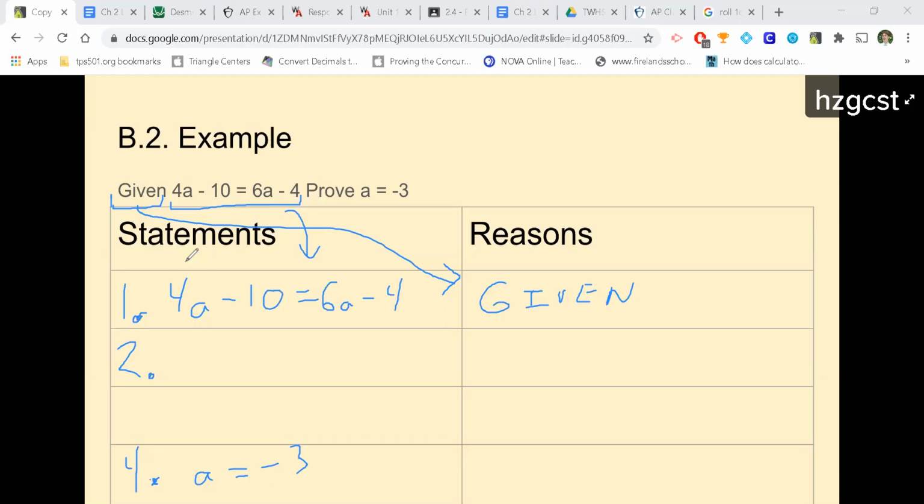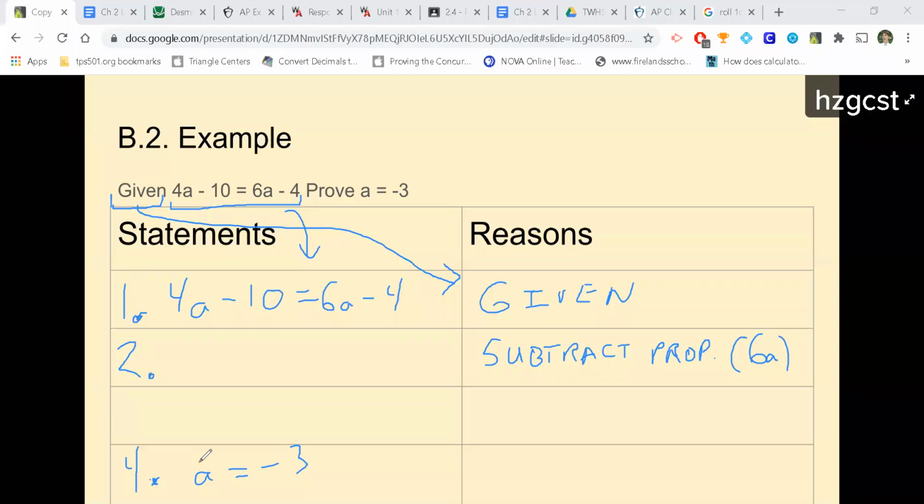And this is one where I am choosing to subtract the larger number. Why, you say? Because I want my a to be on the left. That's it. The a is supposed to end up on the left side of the equation, so I'm going to get rid of the a on the right side.